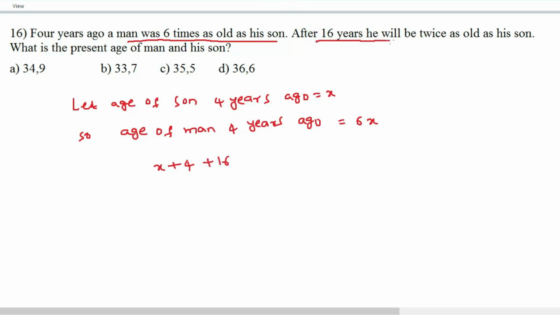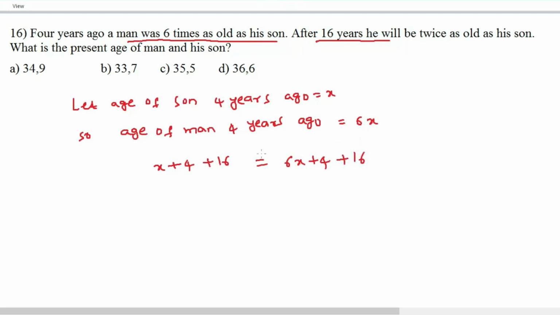X is age of son 4 years ago, so plus 4 present age. X plus 4 is age of son present age, and plus 16 is after 16 years. And same, 6x is 4 years ago, and plus 4 age of man present age, and plus 16 after 16 years.